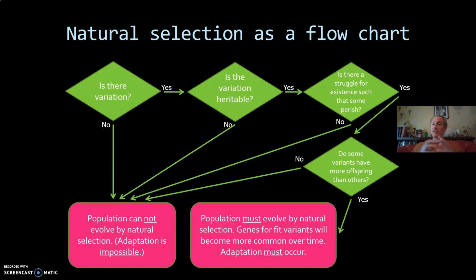The genes for the fit variants will become more common because their ancestors will have more offspring, which means there will be more copies of the genes in the population, and therefore the population not only evolves, but it must adapt. Natural selection explains it. That's one outcome. Darwin's hypothesis seems to be true in that case. Although in this particular case, because of the logic he lays out, it must be true.